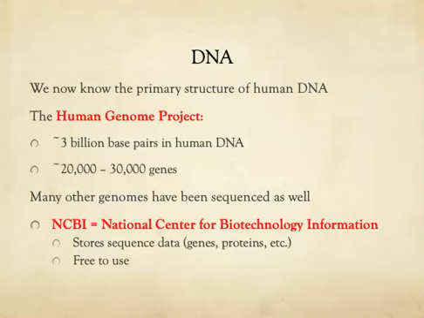This database is funded by the US government. It is free and open to everyone. It stores all of the known gene sequence data, all of the sequences of amino acids in proteins that we know about. And again, it's free to use, so students and researchers and anyone who's interested can access the NCBI.